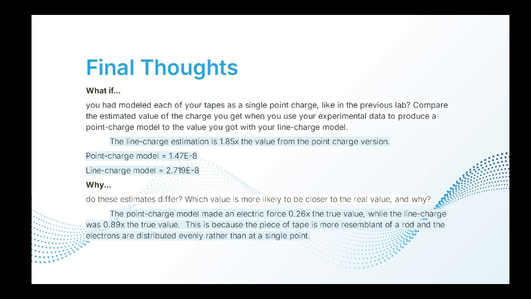The tape was way more similar to an evenly distributed rod, which is shown with the final results. The point charge was only 26% of the true value, while the line charge rod was near 90%. So yeah, the line charge rod is a much better way to calculate this charge.